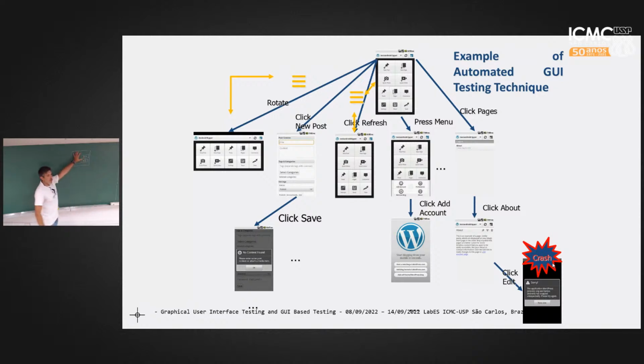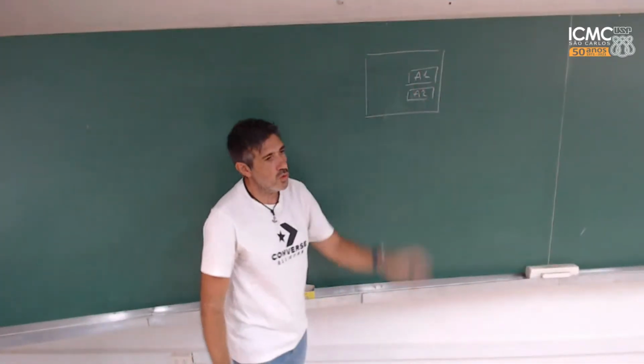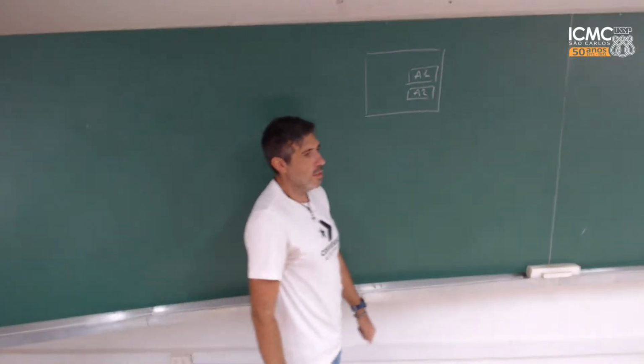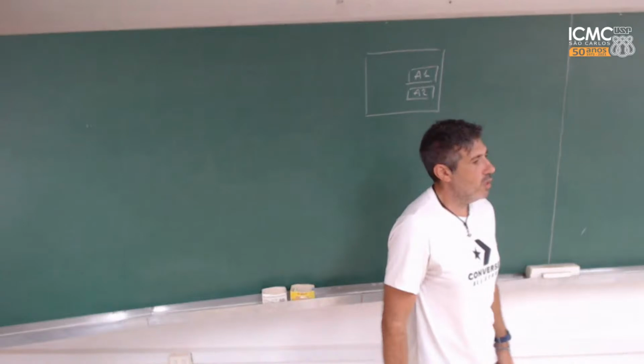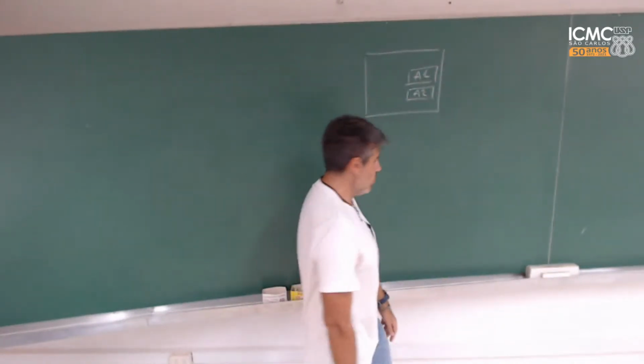Okay. Do you see the figure? If it's not clear, I can improve. Do you see this GUI? Do you see one? Okay. Where do you click? A1 or A2? The first button, A1.